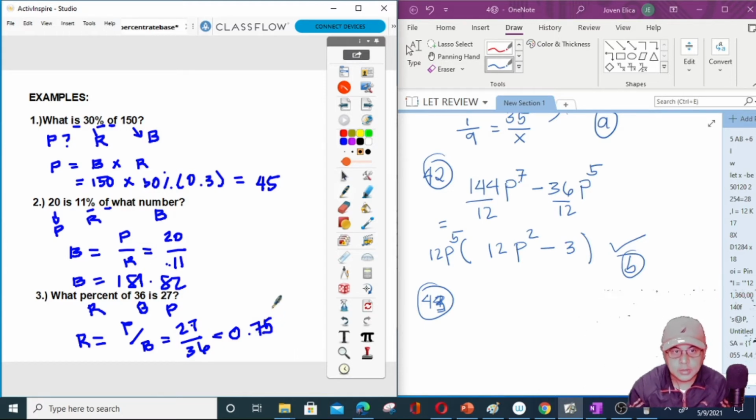Okay, that is our percent or the rate. All right, so that is a short review for percentage, rate and base.